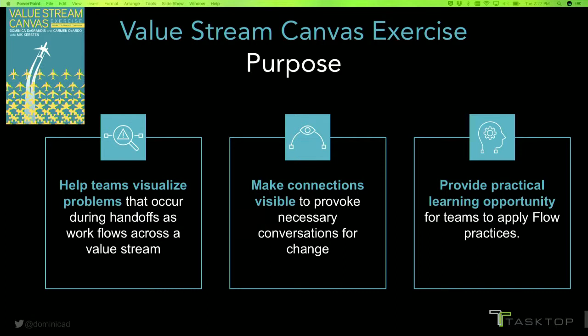Where are the handoffs that are problematic? How do we make these connections, these handoffs visible? Because we want to provoke necessary conversations. Once you can see work up on the wall and you've got the right people in the room, it does spark good conversation and help people learn what they can do to improve.